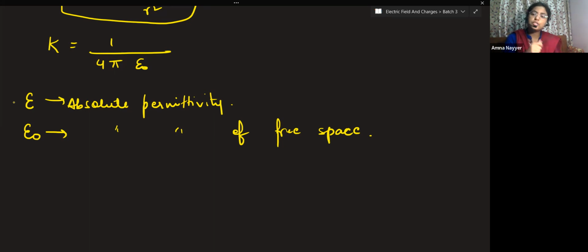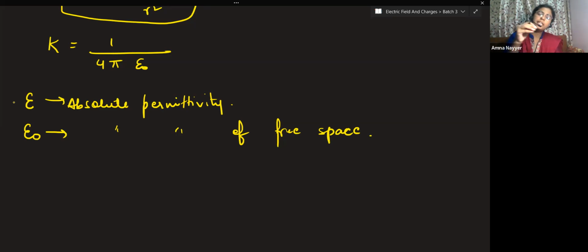How does your force change according to the medium? This is governed by the symbol epsilon, known as absolute permittivity. We put a naught just for the calculation part. Epsilon naught signifies the absolute permittivity of free space.